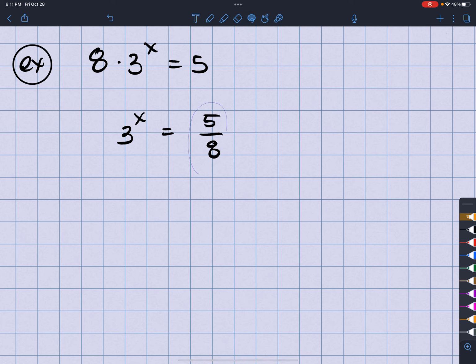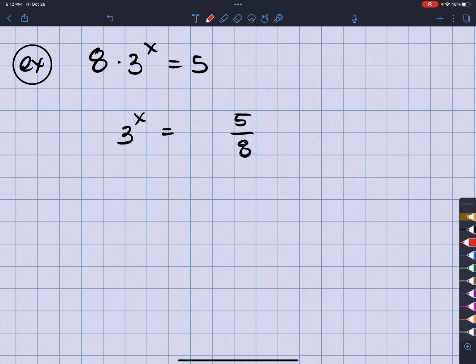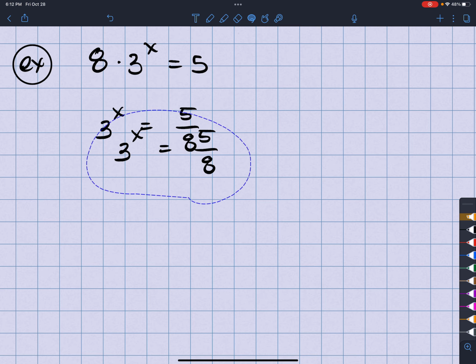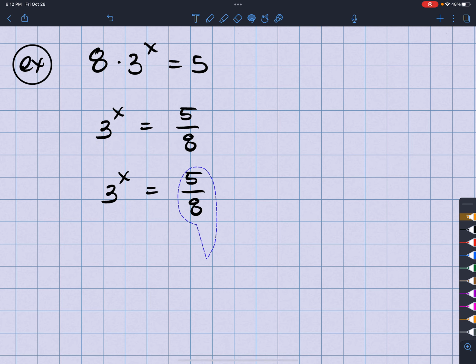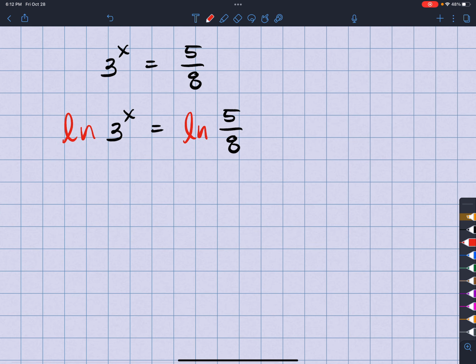I know I can't make this the same base as a 3, right? So actually, let me do it this way. Let me keep this right here and just duplicate it so that I can show that now I'm going to take the ln of both sides. Now, you can use log if you want to, but I'm going to take the ln of both sides. So on the left side is going to be x ln of 3.